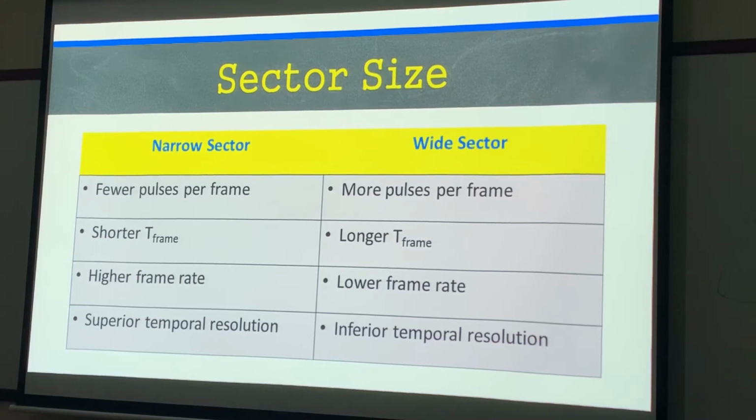Now I have an image where I'm only needing 50 scan lines. Okay? So now it's going to take me less time to create one image because I'm using half the time. It's going to take me exactly half the time to create one image now because I went from 100 to 50 scan lines. And my higher frame rate, what's going on with that?